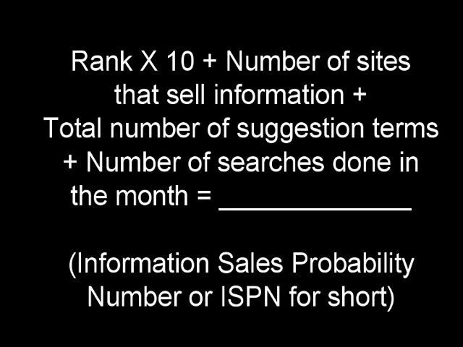That number is going to give you the ISPN number, Information Sales Probability Number. You want to take the 3 highest numbers, and those are your 3 top choices that in most cases are going to bring you the most profit.